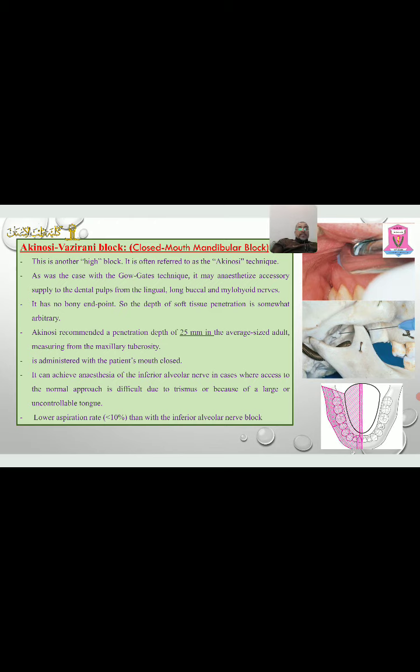It can achieve anesthesia of inferior nerve in cases where access to a normal approach is difficult due to trismus or because of large or uncontrollable tongue. تضطر أحيانا تستعمل الأكينوزي من واحد لسانه كبير كلش يزعجك هذا بالإنجكشن، أو trismus, he cannot open his mouth widely. Lower aspiration rate with that of the inferior nerve block.